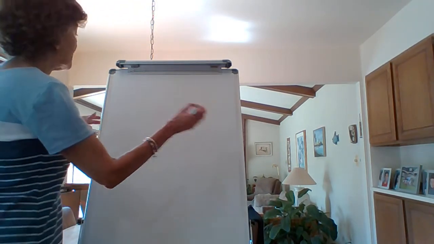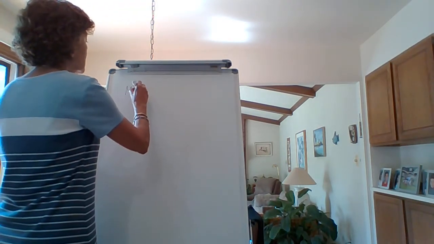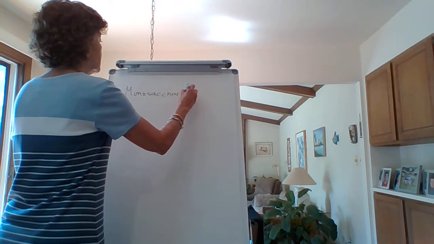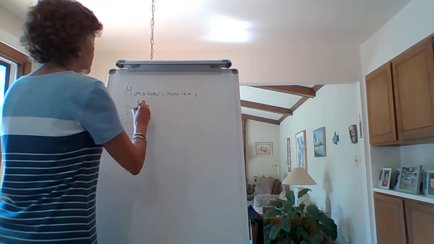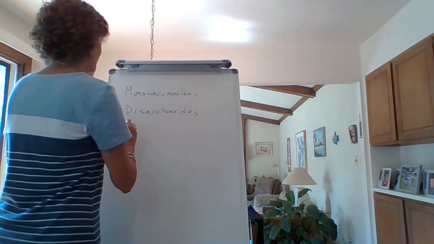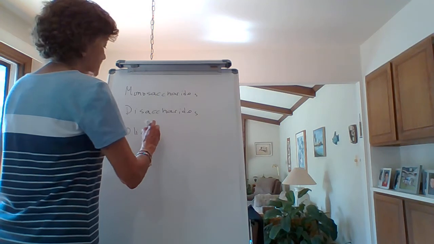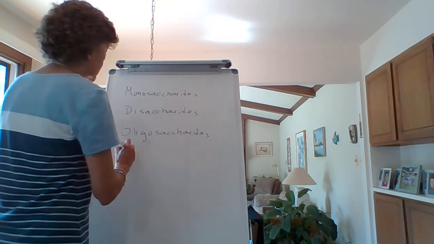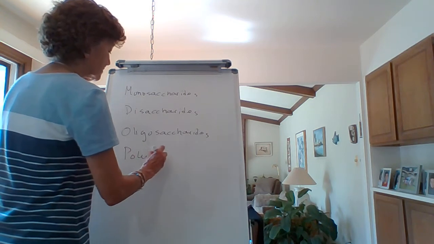We're going to classify carbohydrates as monosaccharides, disaccharides, oligosaccharides, and polysaccharides.